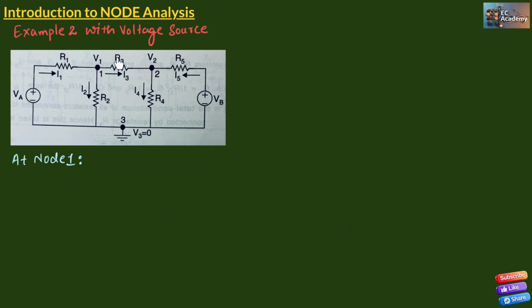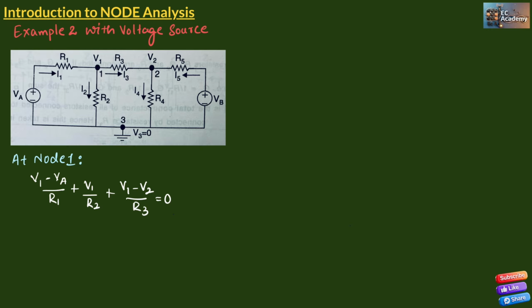So if we add all these currents, that will be equal to 0. So we can write V1 minus VA divided by R1 plus V1 divided by R2 plus V1 minus V2 divided by R3 will be equal to 0.